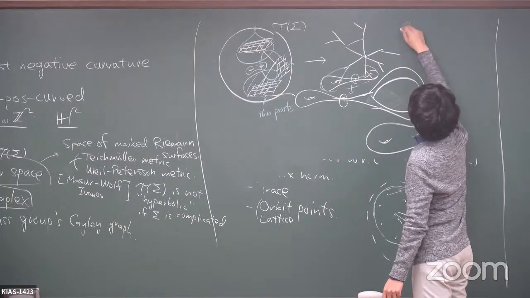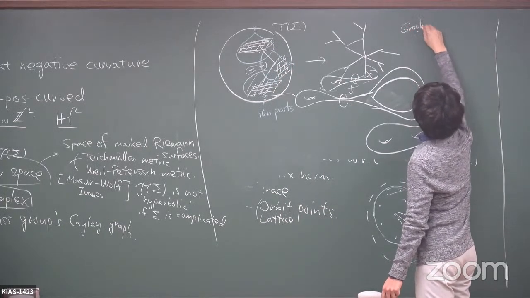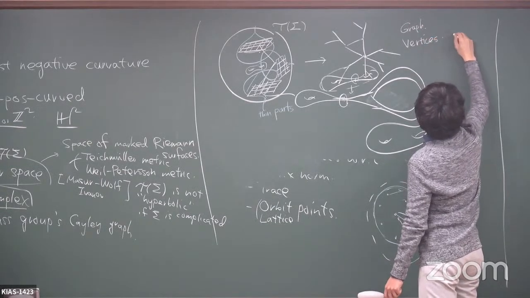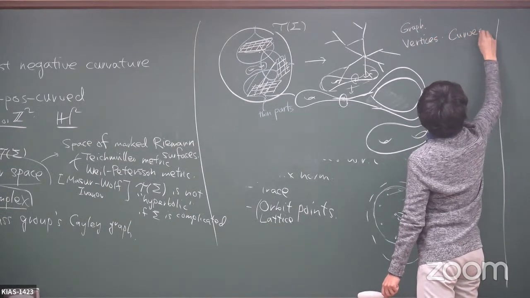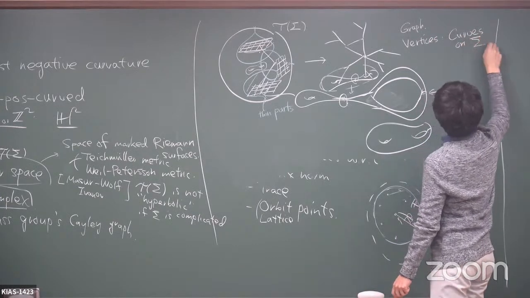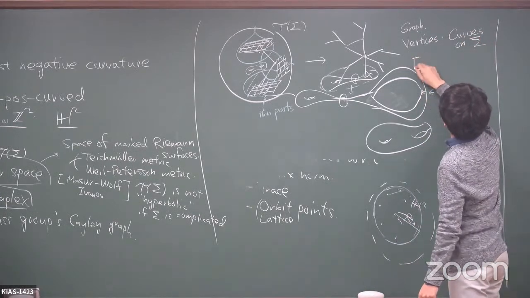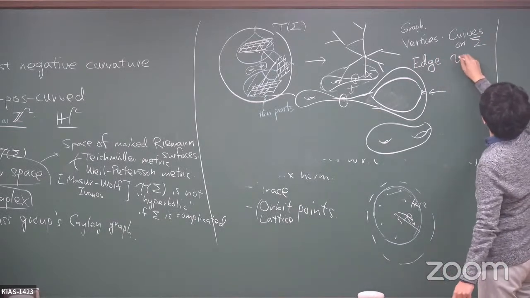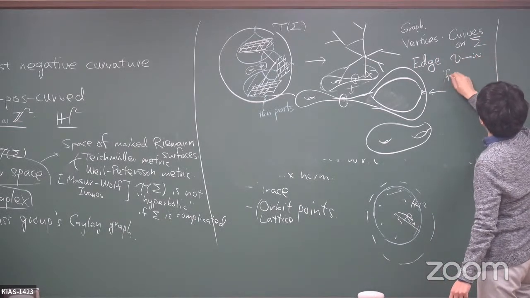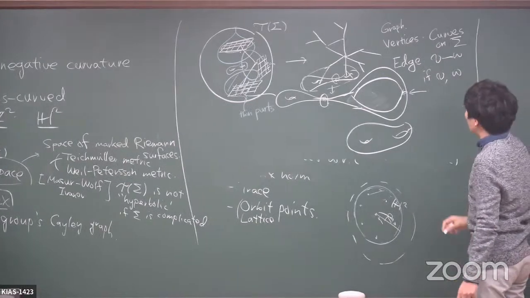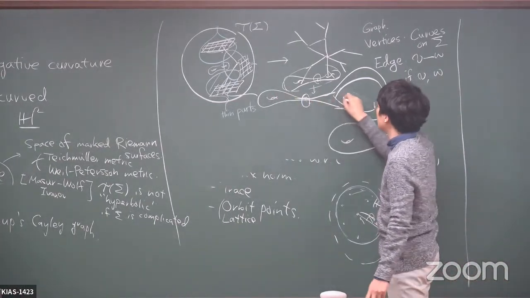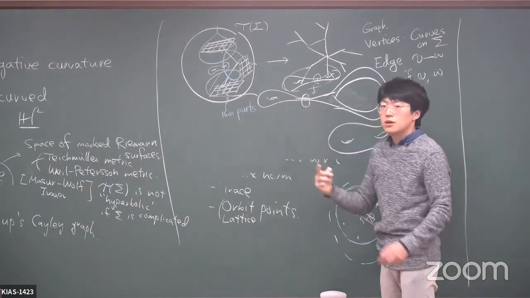This is a graph where vertices are curves on the surface, and you draw an edge if v and w are disjoint. If you made this thin, then you cannot expect any curve intersecting this curve to be thin.